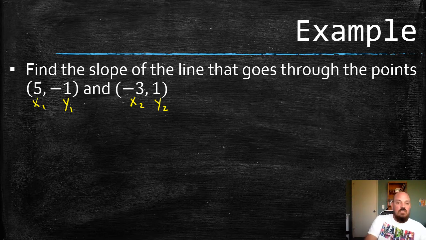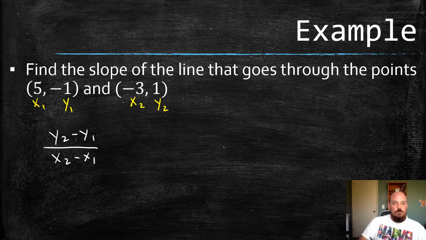And then the equation I gave you to find the slope, y2 minus y1 over x2 minus x1. And let's put the numbers in. So the first thing on top is y2. I look up at y2 right here, and I say, what number is that? That's a 1. And then it's minus y1, which is right here.